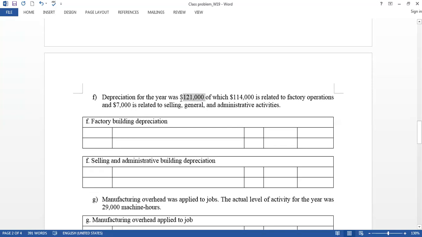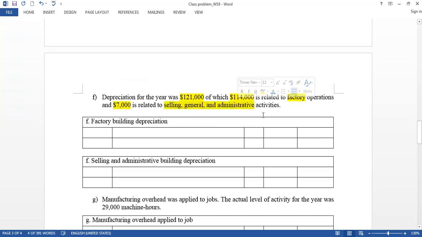This is the total depreciation expense for this company, of which $114,000 is related with factory building or equipment, and another $7,000 is related with selling and admin.